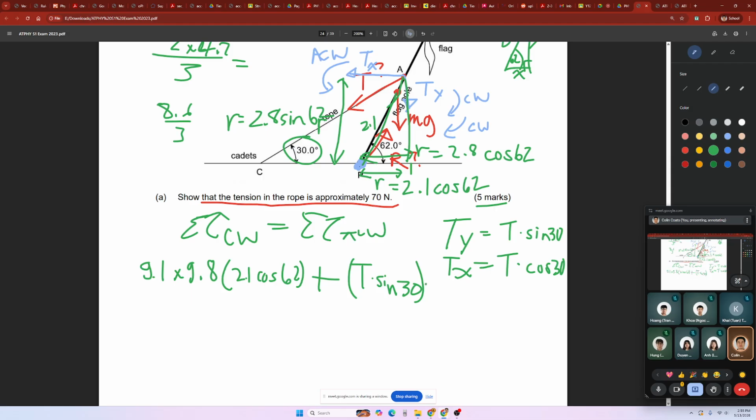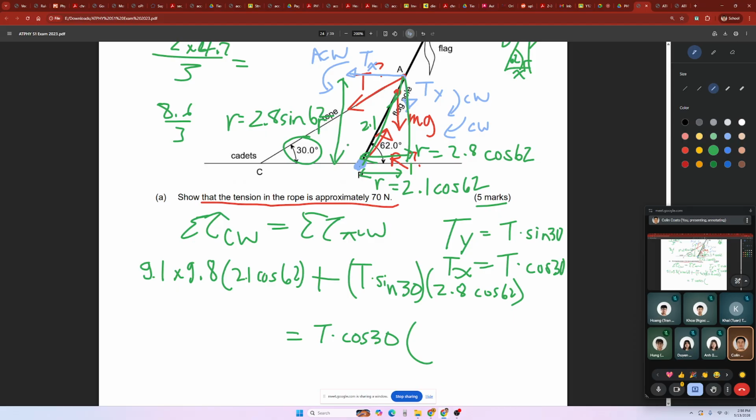There's our force. It's going to multiply by its distance, which we already established: 2.8 cosine 62. And that's going to equal the other side, the anti-clockwise, which was Tx, and then we said Tx is this, so it's going to be T cosine 30 multiplied by its distance.